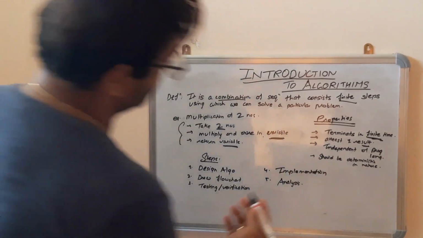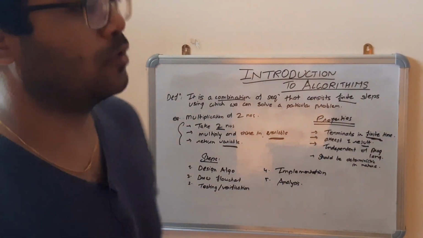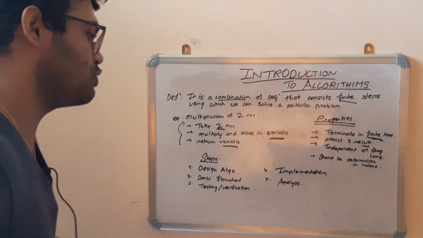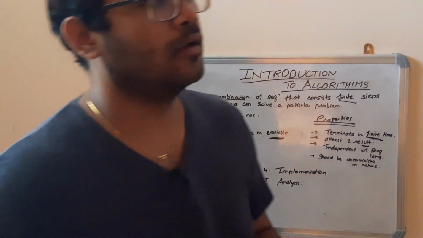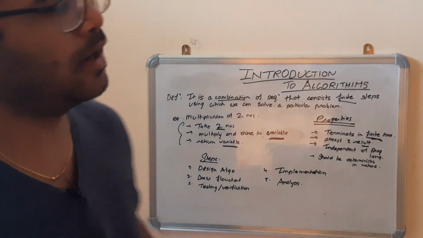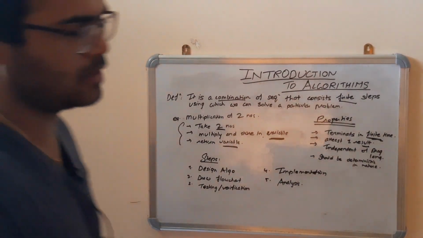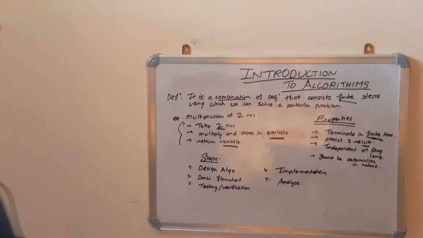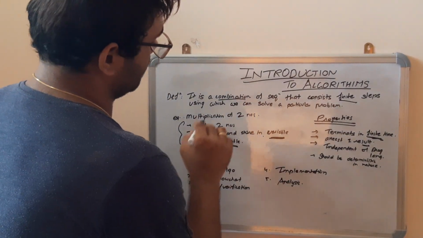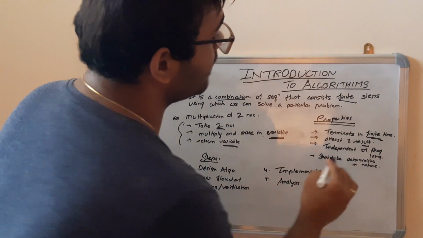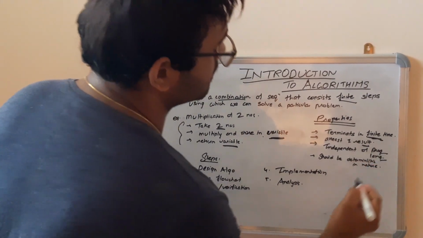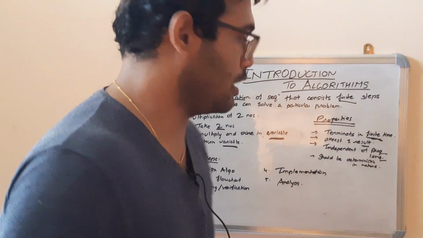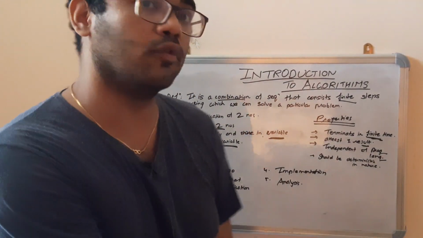In computer science, we have multiple programming languages like C, Basic, Python, Java, and many other languages like COBOL. So we make sure that the algorithm that we have selected should be independent of any programming language, right? We don't have to create an algorithm that is specific to a certain programming language.